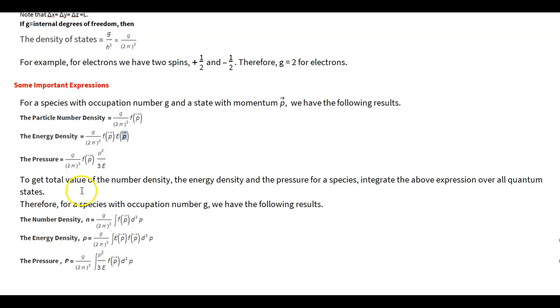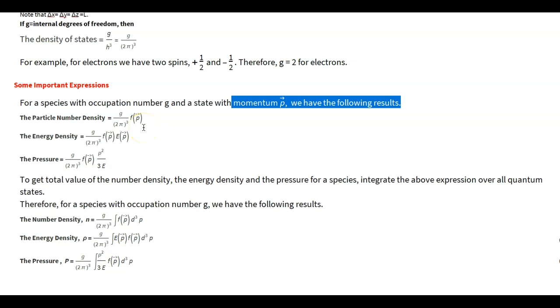Now to get the total value of the number density, energy density and the pressure for this particular species, we want to integrate over all states. When we say all states, it means we want to integrate over all momenta.